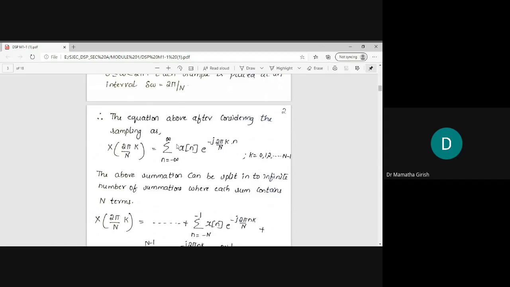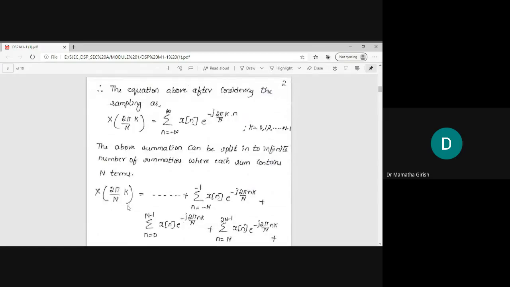But keep in mind, if you consider any one such summation, it will have a total of capital N terms. As an example, I have considered three different ranges here: minus N to minus 1, 0 to N minus 1, and N to 2N minus 1.